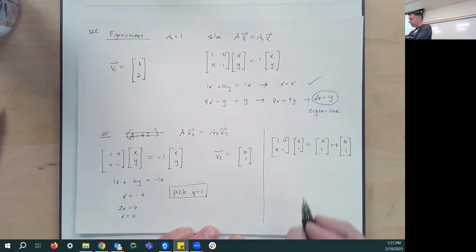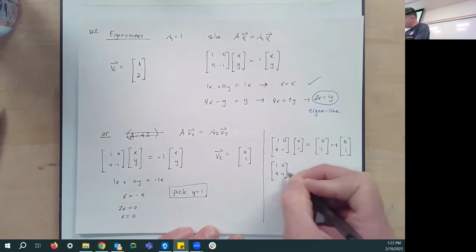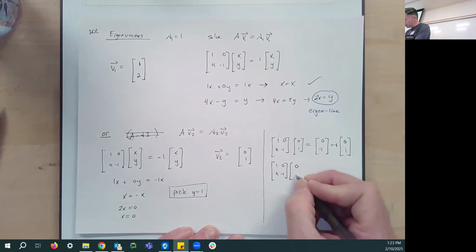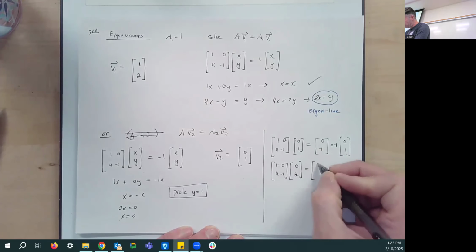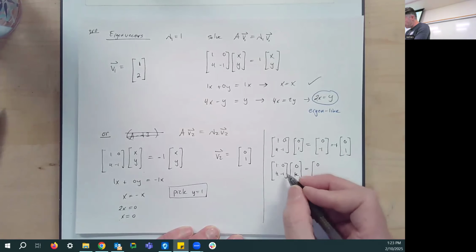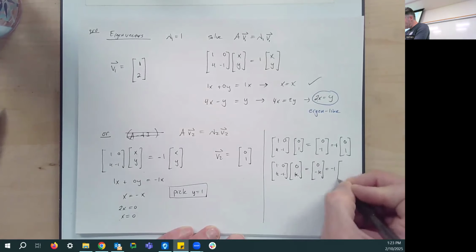But that would have been true if I did (0, 1), or really (0, anything that wasn't 0). If this is just some non-zero number, let's call it k, then we're going to get 1 times 0 plus 0 times k, which is still 0, and 4 times 0 plus -1 times k, which is -k, which gives you -1 times (0, k).